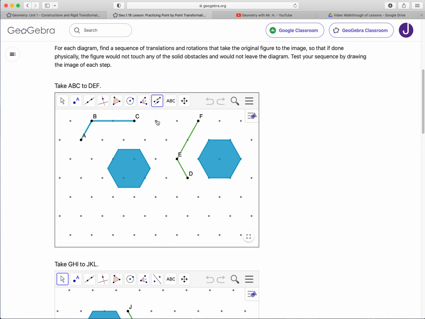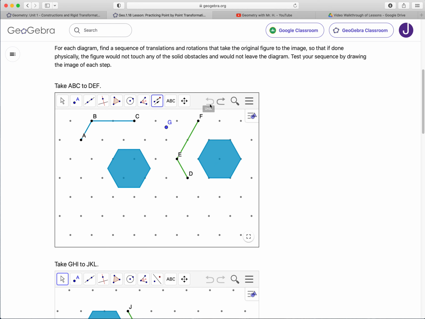So if I go 1, 2, 3 gaps, 3 steps, I can go from here to here. No, I guess not. All right, I guess I'm going to have to go directly from this to this. Oh boy, that's not good. All right, let me undo that. That's wrong.